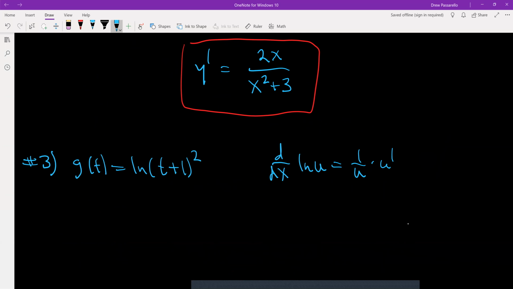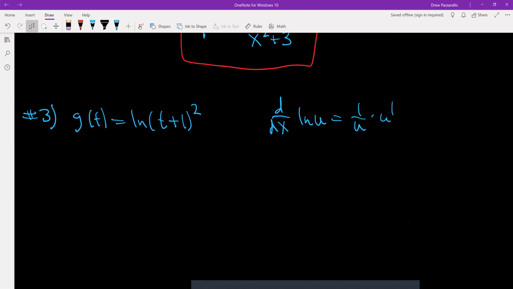All right, so the notation here is a little confusing because you have this square and it's not squaring the natural log. You could write it as the following. So natural log, and then in brackets have t plus 1 squared. So the natural log applies to that whole thing, including the exponent too.